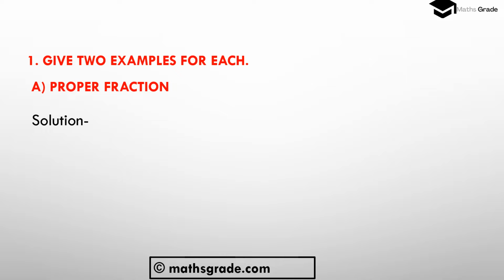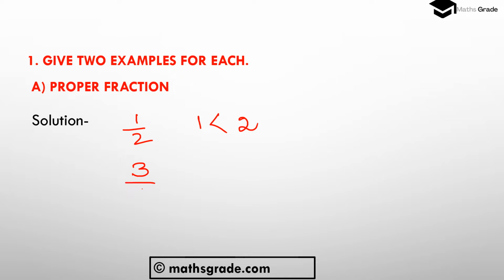Now we will solve question number 1. Give 2 examples for each proper fraction. We know a proper fraction is a fraction whose numerator is less than the denominator. So examples of proper fractions are 1 divided by 2. Here the numerator is 1 and the denominator is 2, and numerator 1 is less than 2, so this is an example of a proper fraction.